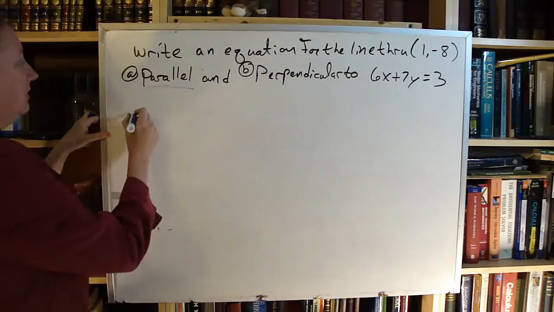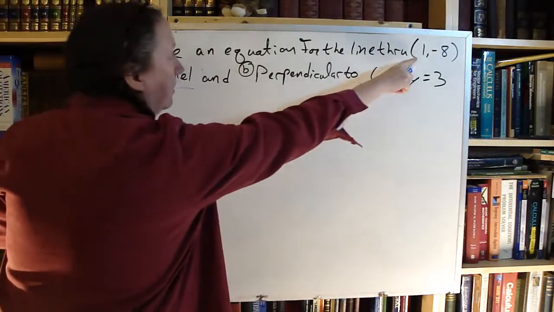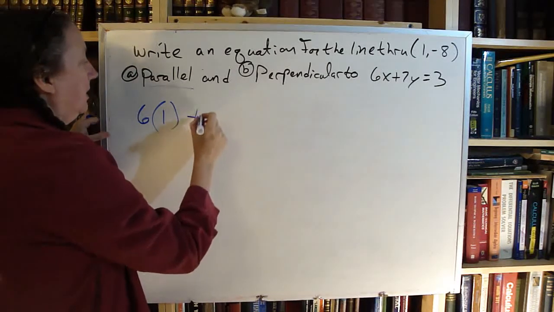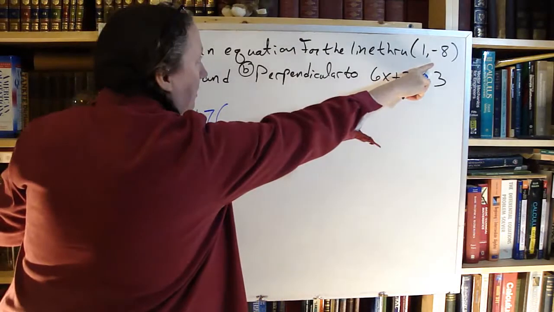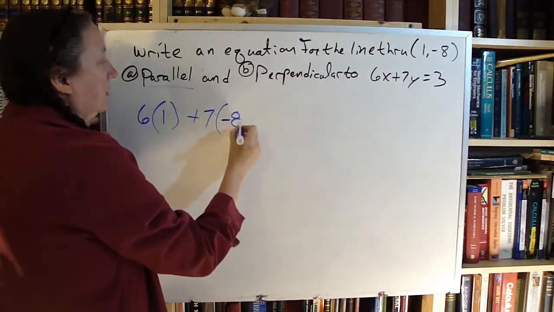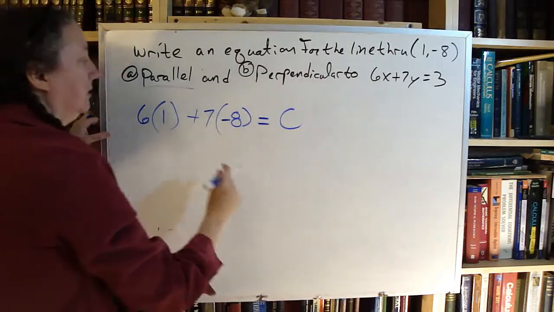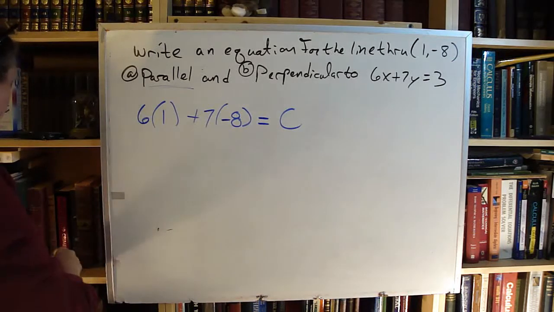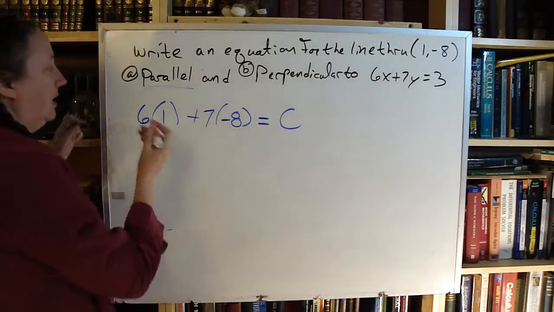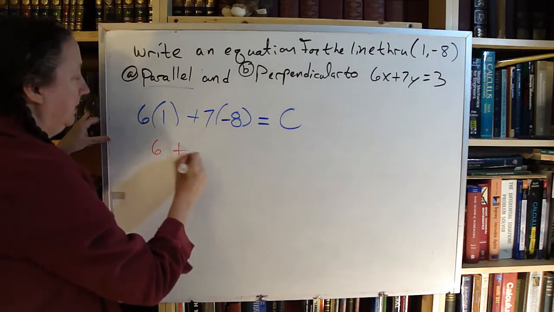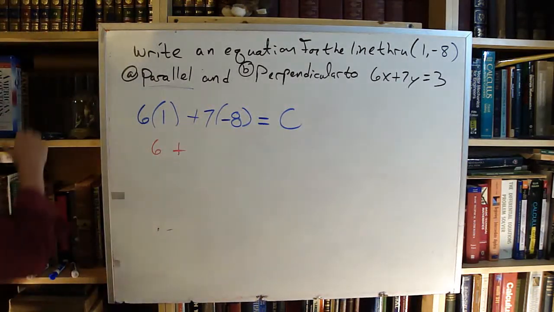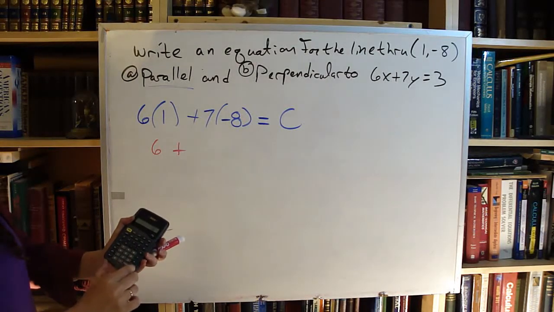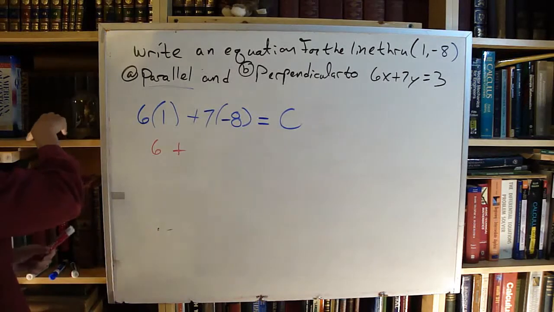So we have 6x, so 6 times 1, plus 7y, so plus 7 times -8, equals my unknown number. Clean up. 6 plus 7 times 8 is what? Use your calculators if you need to. 7 times 8 equals 56.